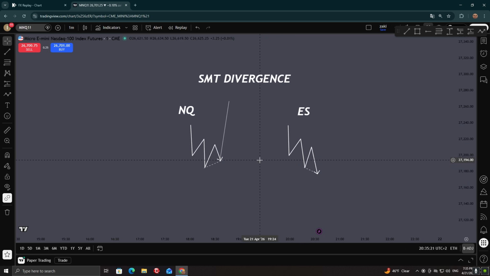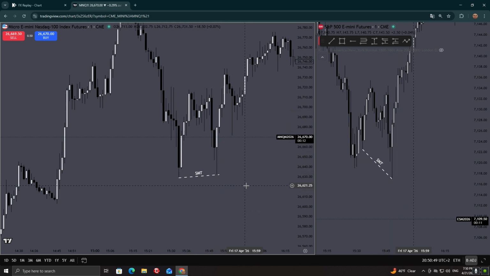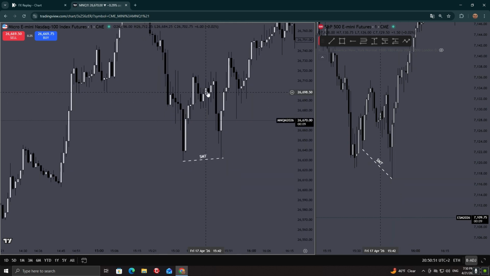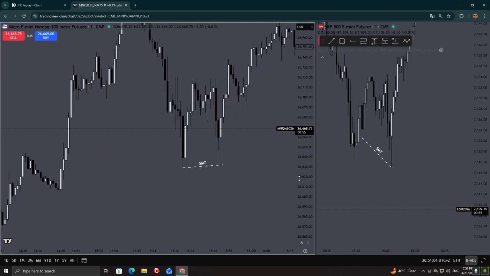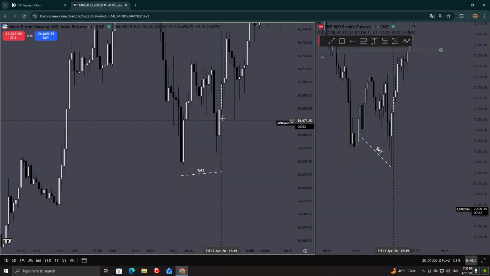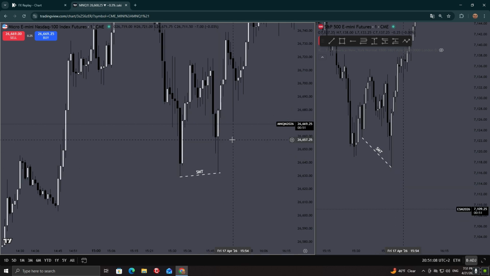Okay, so here's an example of last Friday's price action where we set an SMT right here. As you can see, Nasdaq did not take this low out right here, while ES did take this low out right here. This created an SMT in the market, and then we displaced higher from this SMT, showing that we're bullish.